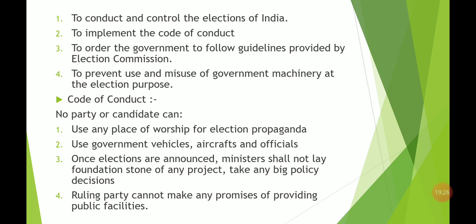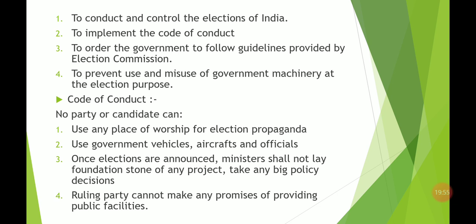It means that a person or a party cannot use places of worship for election campaigning or propaganda, and cannot influence people by religion or places of worship. So this is the first thing that should not be done by any party or candidate contesting in the election.